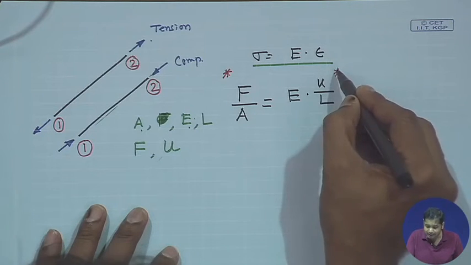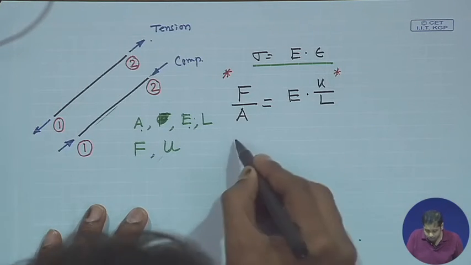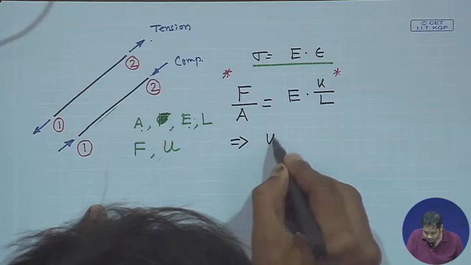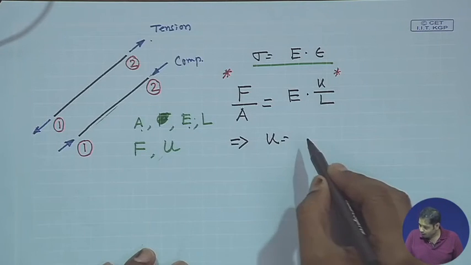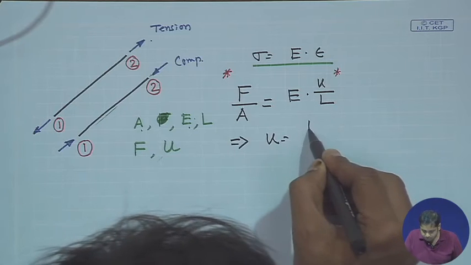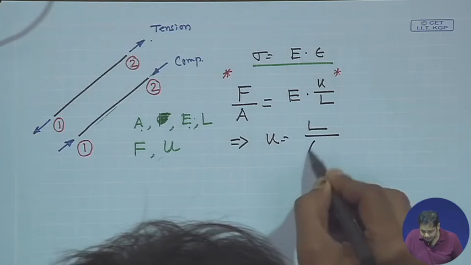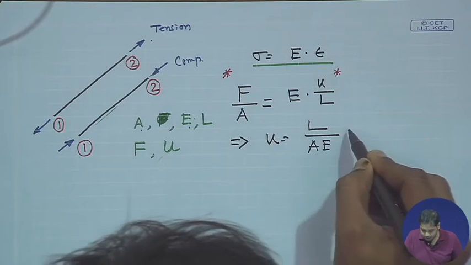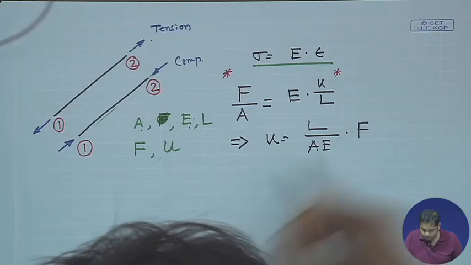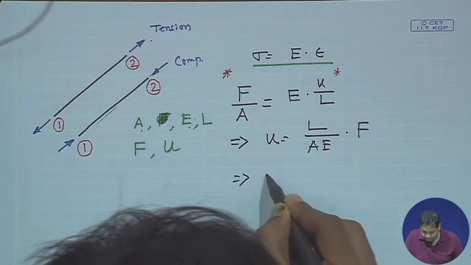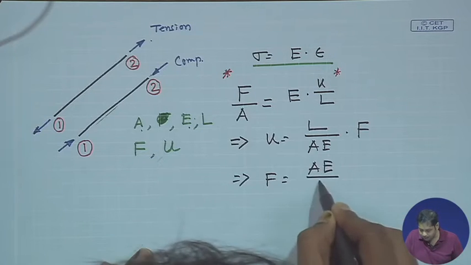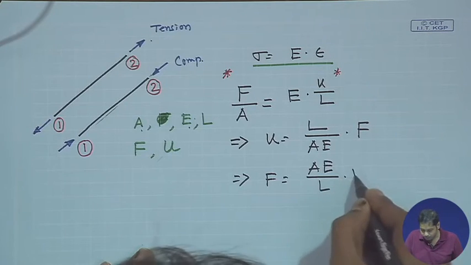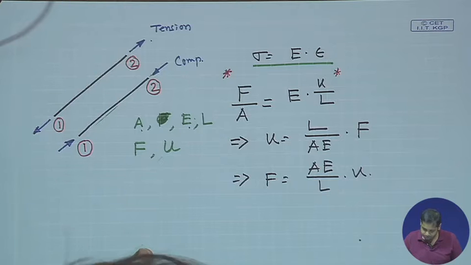This directly comes from Hooke's law. From that we can write U is equal to L by A into E into F, and another thing, F is equal to AE by L into U. These two relations are okay.